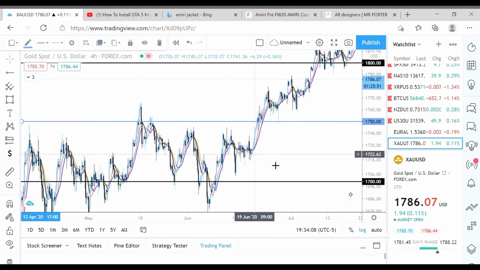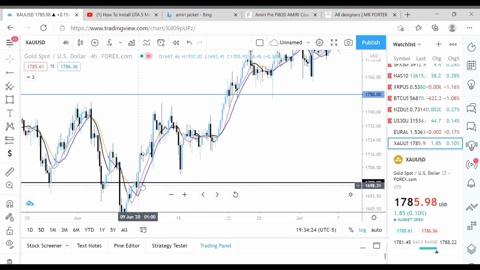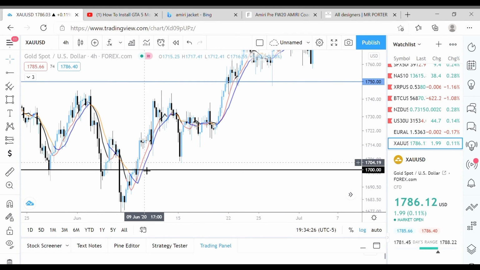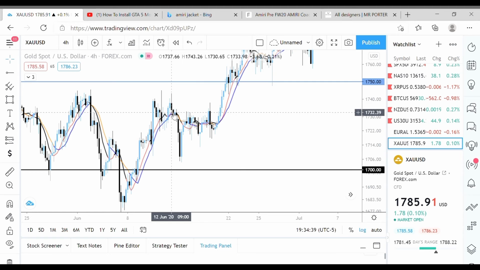All right, so another example is, as you can see, this broke out from the 1700 level and started to buy up. It did a high, then this wick took out that last high, then it did a low wick, then it took out that last wick, but it went lower than that, so it did a low, took out that last wick.